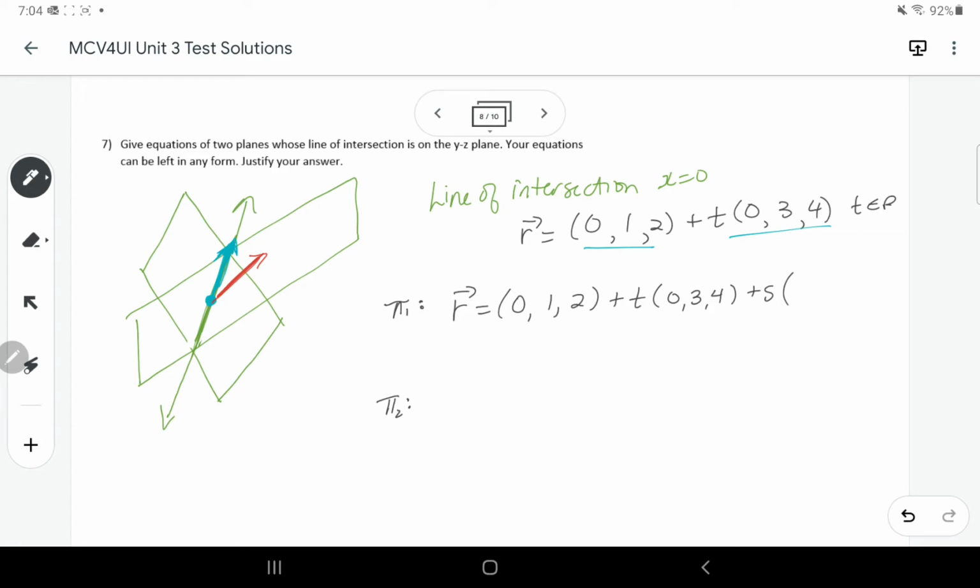We don't want two different equations for the YZ plane because they're not really intersecting there. But we want to have a line of intersection. So it could be -1, 2, 4. Any letters there. And S and T are any real numbers.